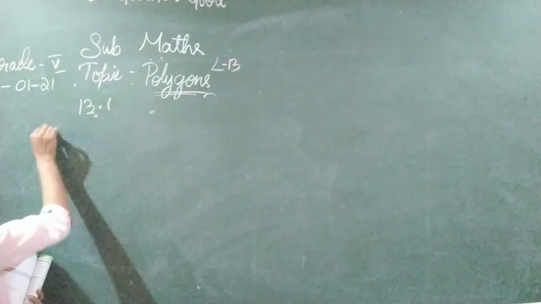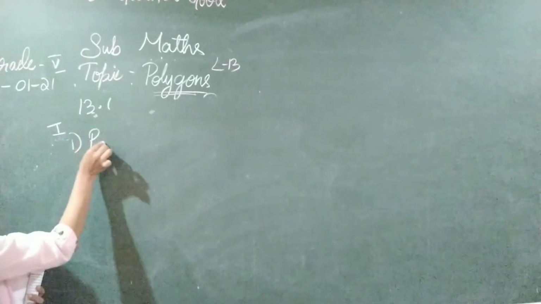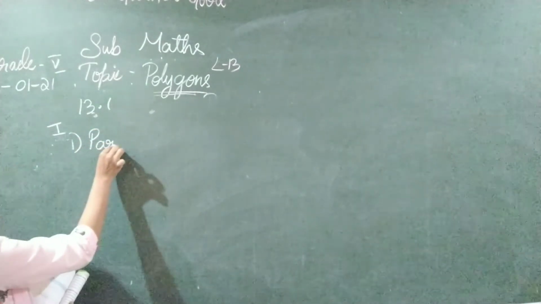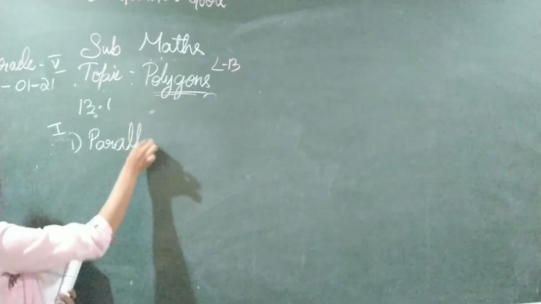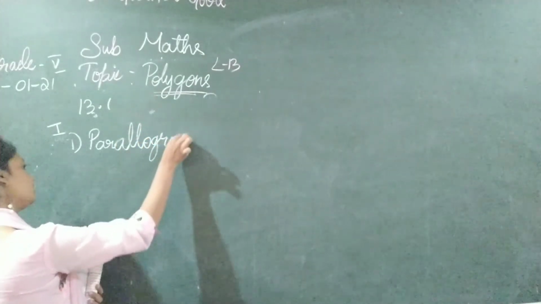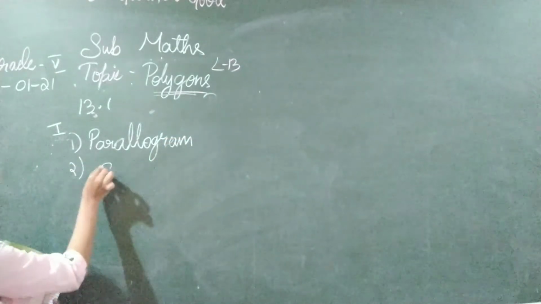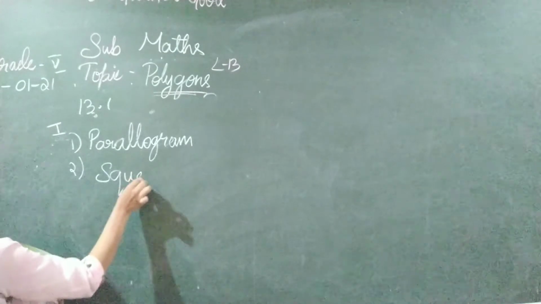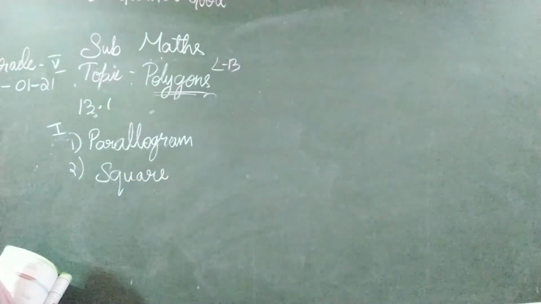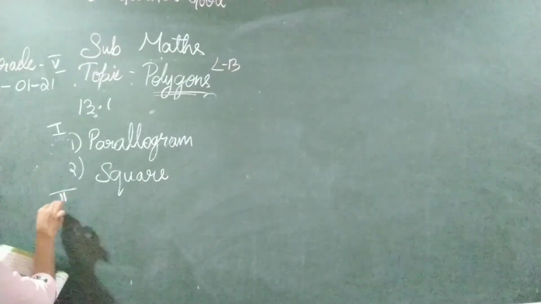What is the first quadrilateral? It is the parallelogram. The second one, you all know it's a square. And the other three, just write them out, children. It's very easy. You can write it.